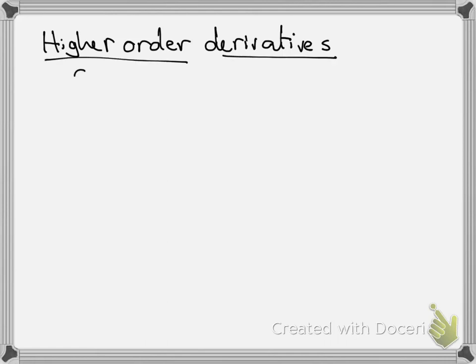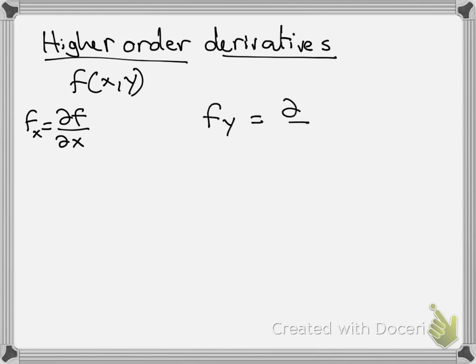So let's say you have f of x, y, right? That's your function f. We said partial f, partial x, so that's the derivative with respect to x. And then you have f of y, that's the derivative of f with respect to y. So if you have f of x, the derivative of f with respect to x, then you can derive again with respect to x. So you're going to have f of xx.